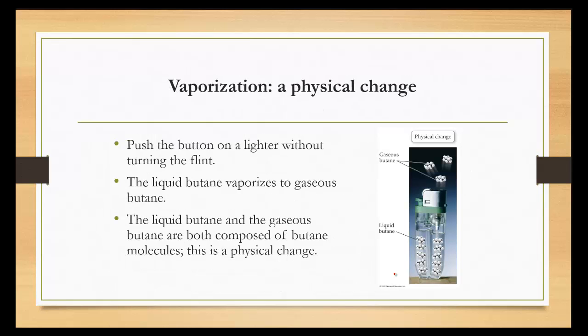Here's another example. If you push the button on a lighter without turning the flint, the liquid butane, which is in here, vaporizes into gaseous butane. It's still butane. The liquid butane and the gaseous butane are both composed of butane molecules. This is a physical change going from a liquid to a gas.